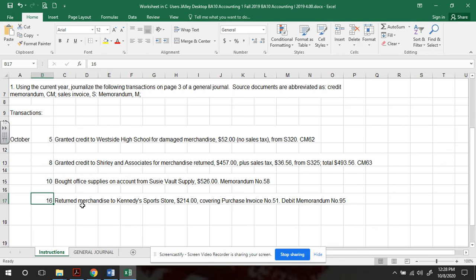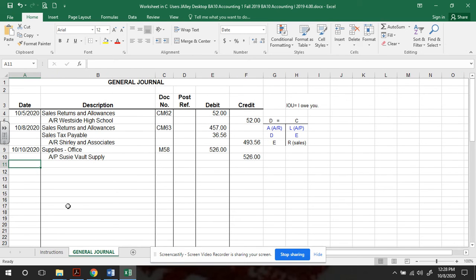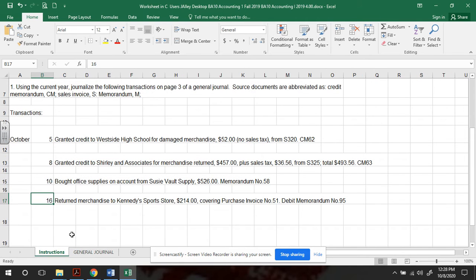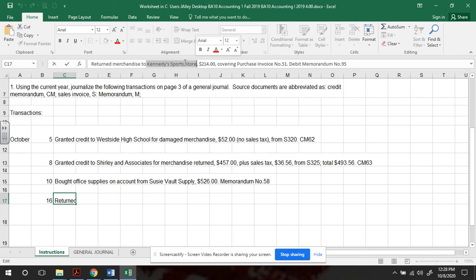We got to take it out of purchases. So go over here, October 16, account payable, and it's Kennedy Sports Store.